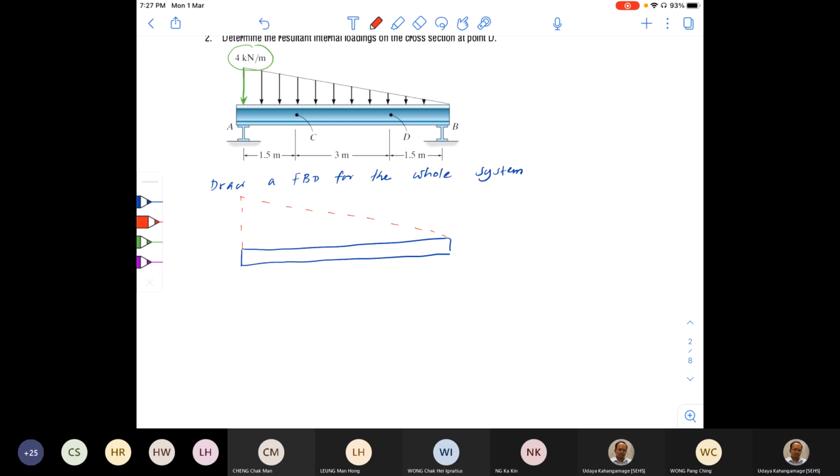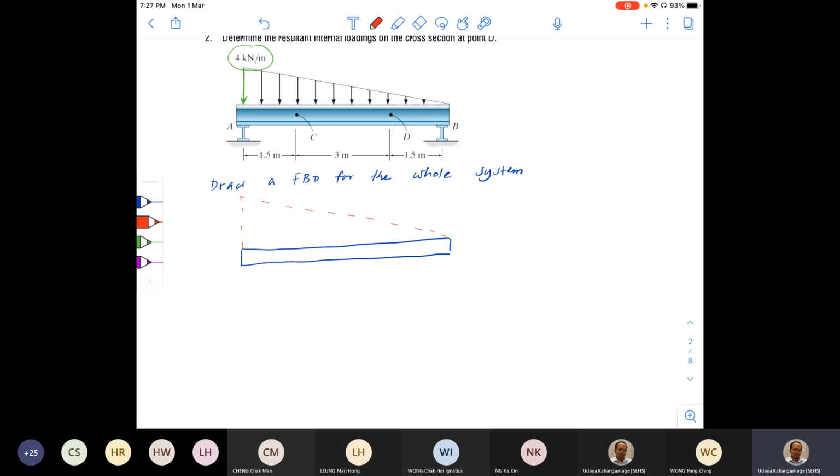Normally, the resultant equivalent force goes through the centroid of the geometry. Here the geometric distribution is a triangular distribution. I don't know whether you have learned the concept of centroid before. No? Okay, I will introduce the centroid later. At this moment, just have some idea.